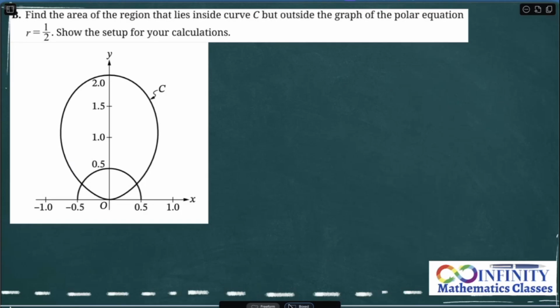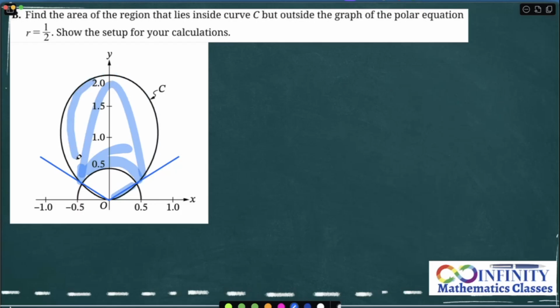Inside the curve C and outside the polar equation r equals 1 by 2. From the origin, join these two lines. What area are you going to find? The area inside the curve C and outside the circle r equals 1 by 2, which is a semicircle. You need to somehow get this area.